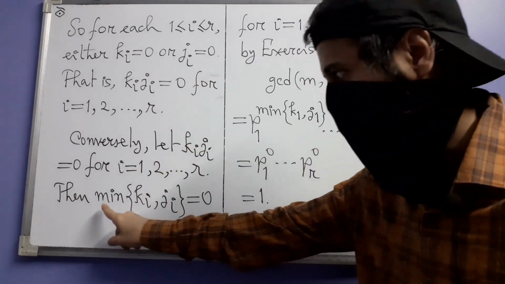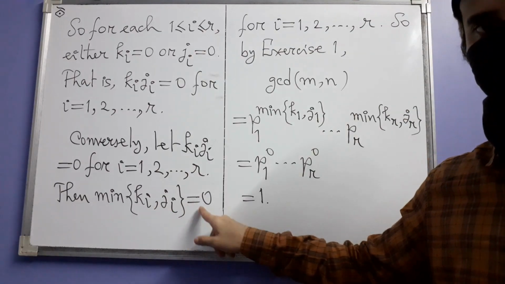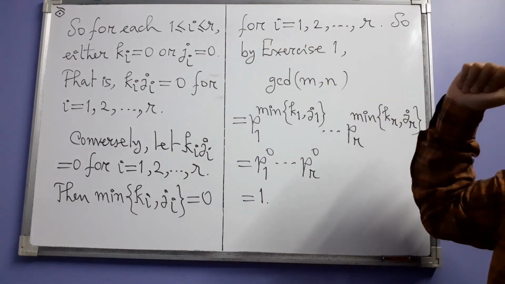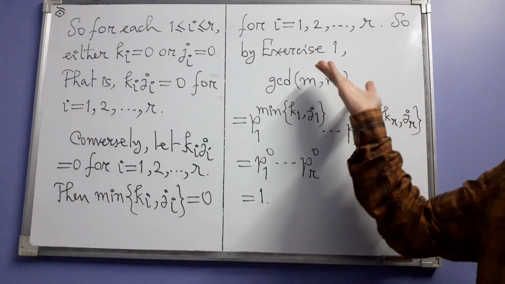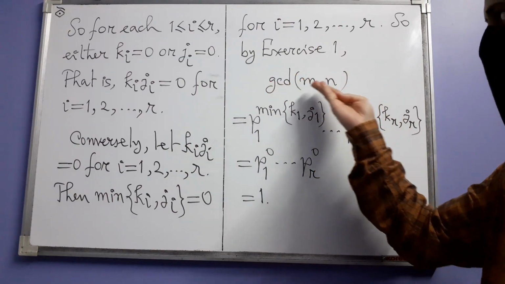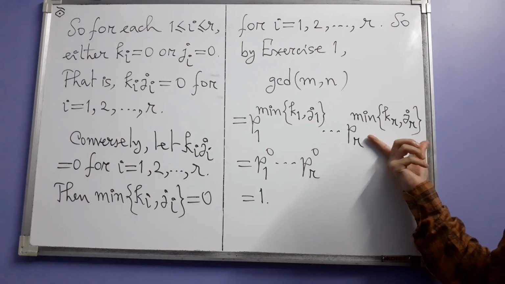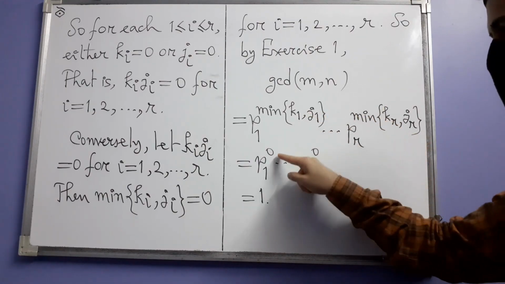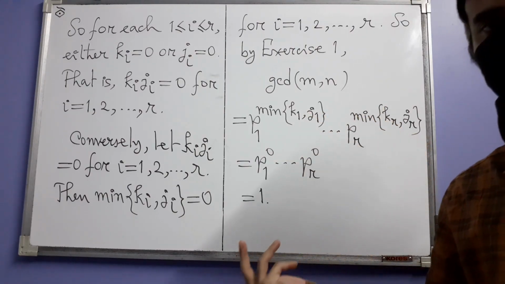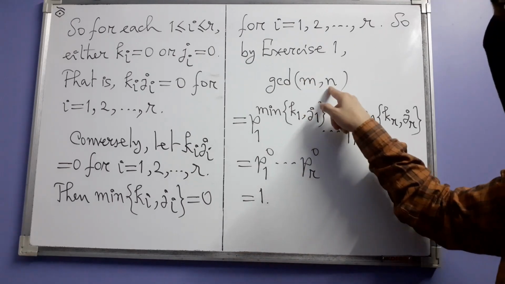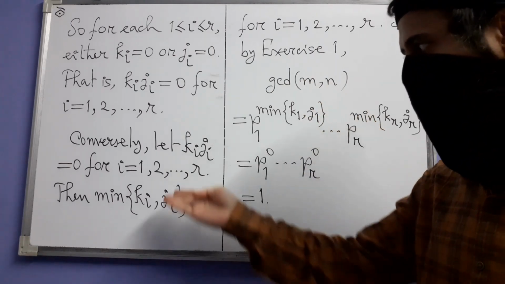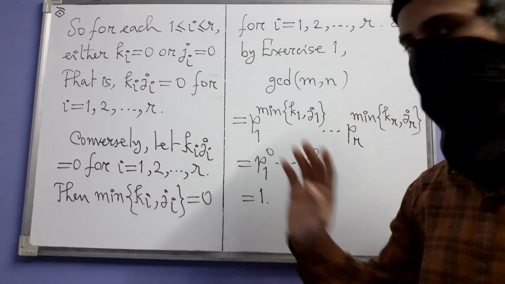And that is why the minimum of ki and ji will be equal to 0 for all i. But we already know from exercise 1 what the GCD of m and n is. It is this. Now each minimum is 0, so you are getting 1, and that is why m and n are relatively prime if this condition is true for all i.